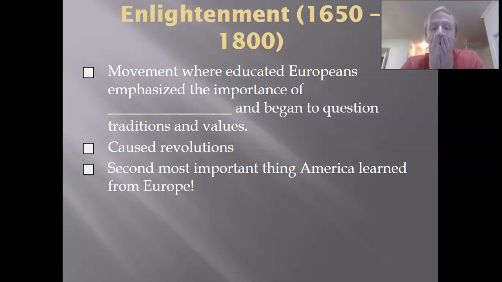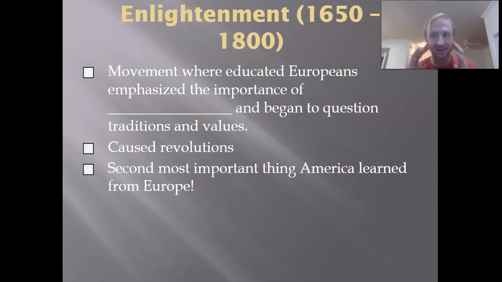Anyways, so this is a movement where people become enlightened. They start to discover the scientific method and start valuing knowledge. It's a movement where educated Europeans emphasize the importance of free thinking and begin to question traditions and values.